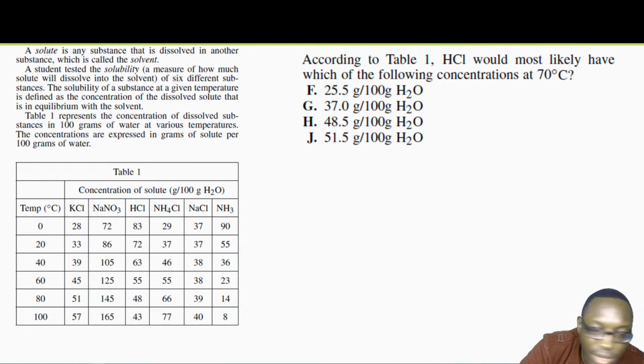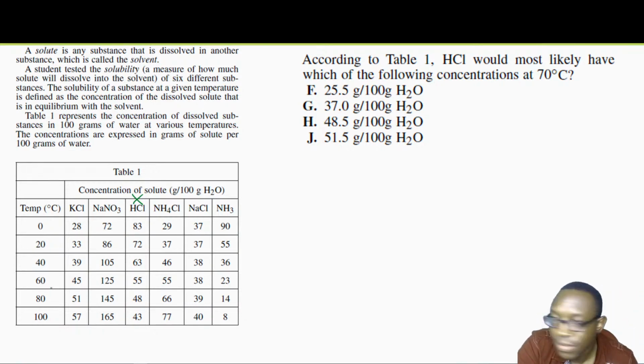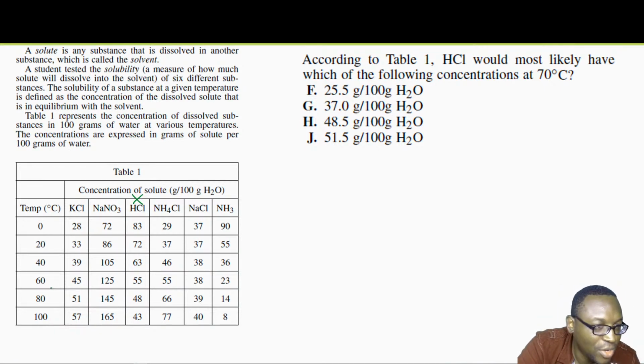Okay, let me give you a few more moments to attempt this. Based on this table, HCl would most likely have which of the following concentrations at 70 degrees Celsius? So we're looking at HCl, which is right here. So that's the column that we're going to pay attention to. So I see J. Okay, good attempt.